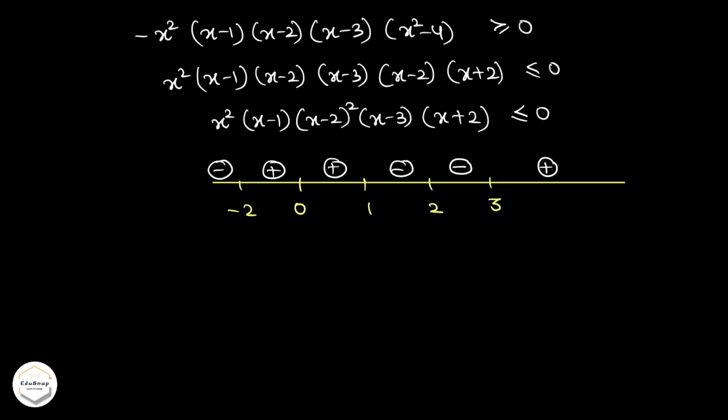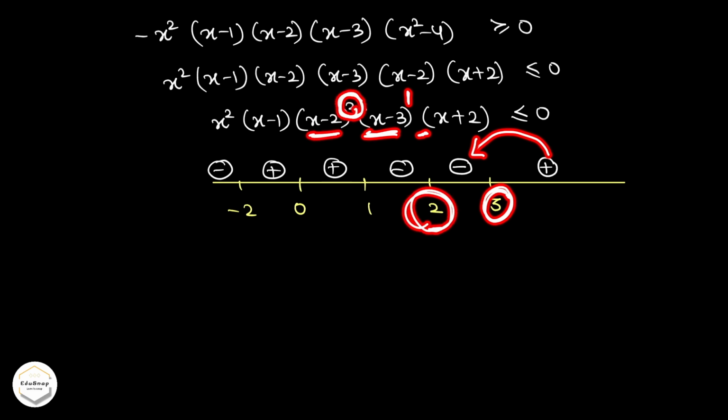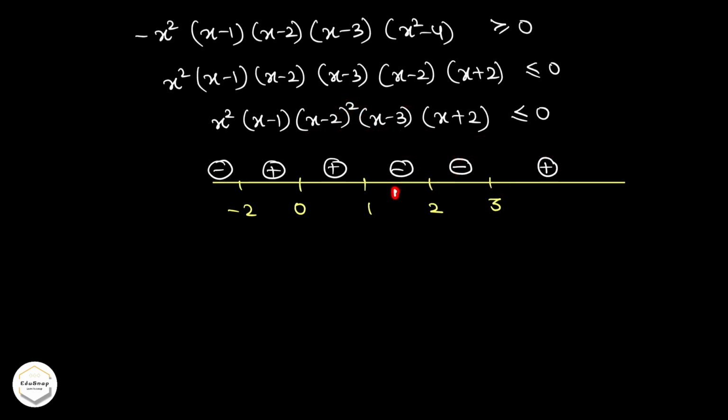Look here, this 3 comes from which factor? This one, and this factor having odd power is why it changes the sign here. Next, this 2 is coming from this one, and this is the even power, so no change, negative, and it still remains negative.